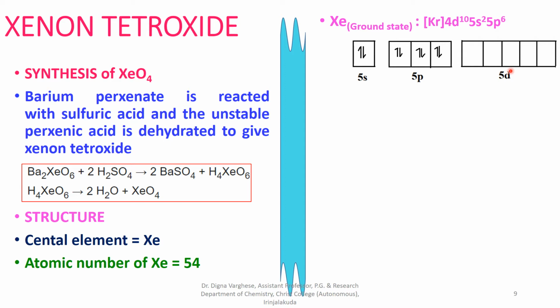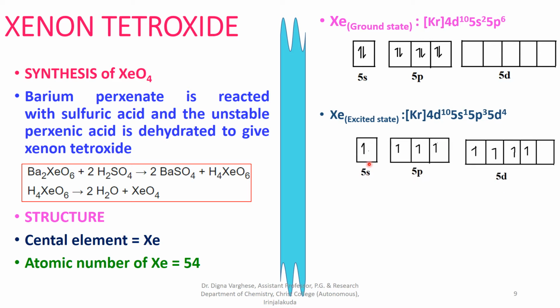Therefore, the excited state configuration of xenon is krypton 4d10 5s1 5p3 5d4. The outer excited state of the xenon atom is 5s1 5p3 5d4.